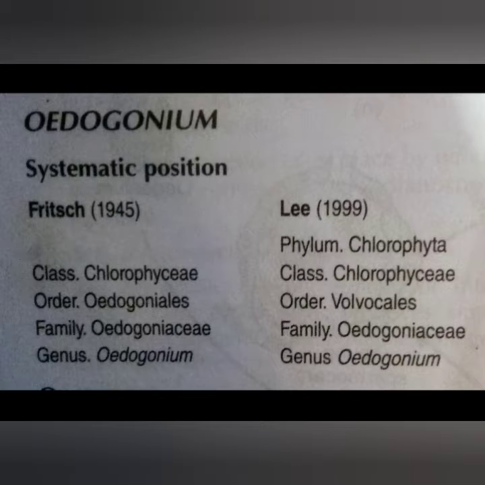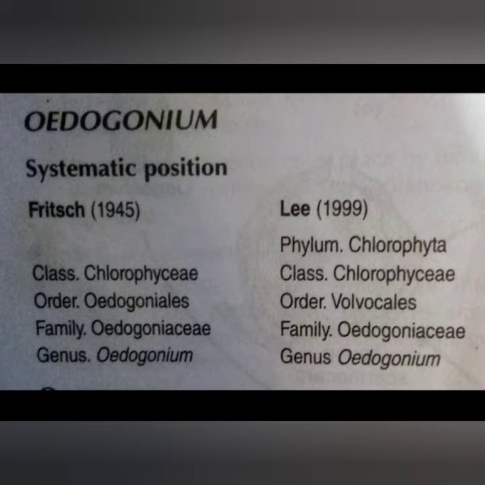But according to Lee, the much later classification in the year 1999, it belongs to the phylum Chlorophyta, class Chlorophyceae, order Volvocales, family Oedogoniaceae, and genus Oedogonium. So you have to remember this systematic position.